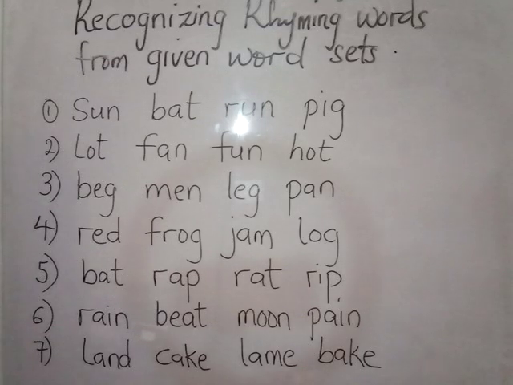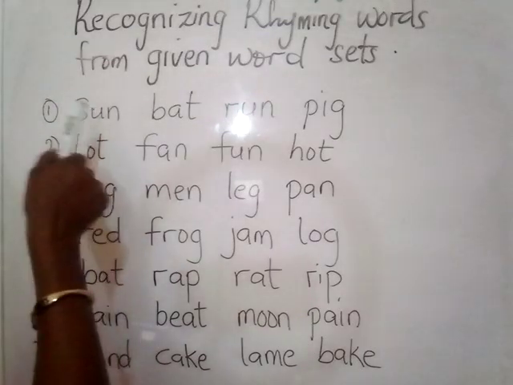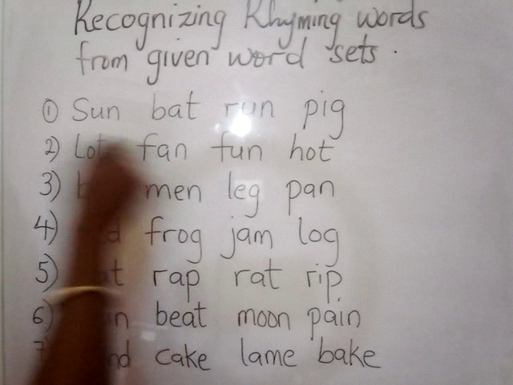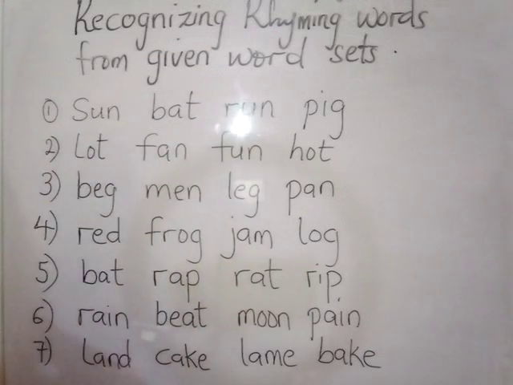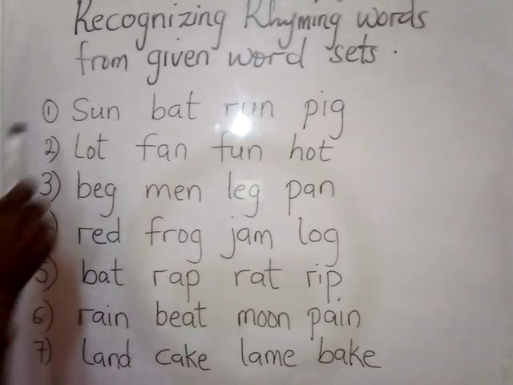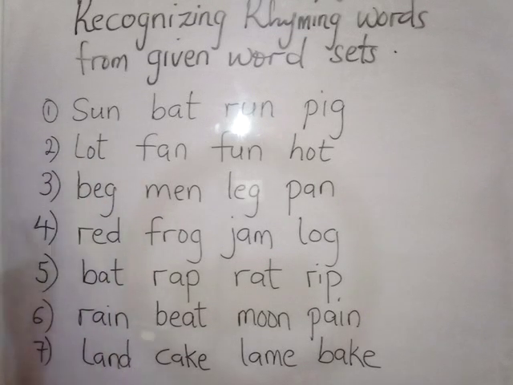words. Okay? So if we look at the first set of words, we have sun, bat, run, pig. In these 4 words, you have 2 that have similar ending sounds. So we're going to try to figure out those 2, and when we find them we are going to underline them.